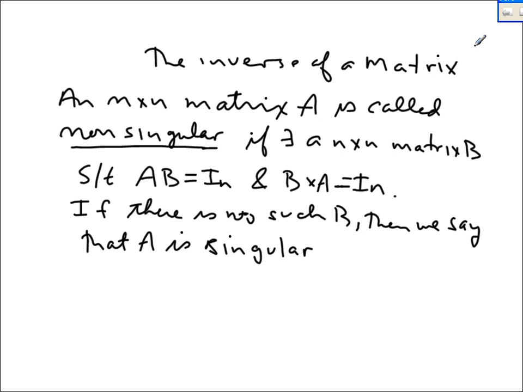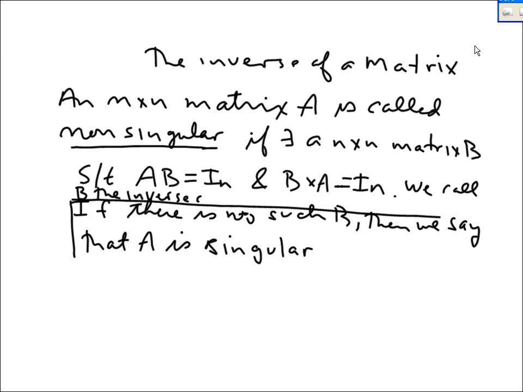Okay, I want to say one more thing before this. We call B the inverse of A. Remember, this is where there is a B, so AB is identity.